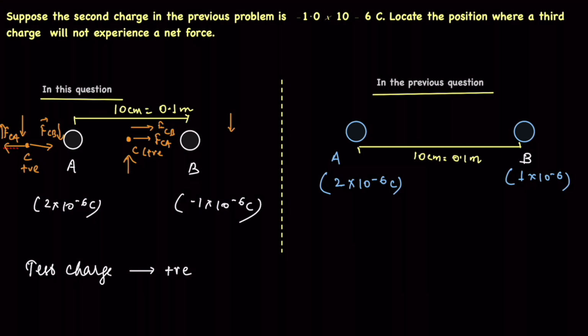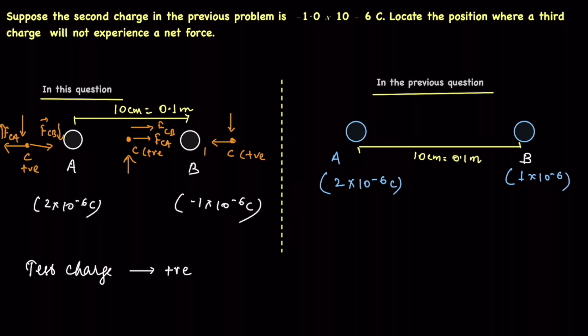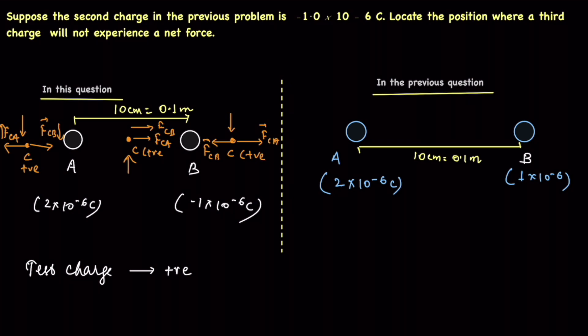Now in the third position, which is to the right of B, B will attract C and A will repel. But here B is nearer to C if you compare with A. Even though the magnitude of B is less, the distance is small. So what will happen?